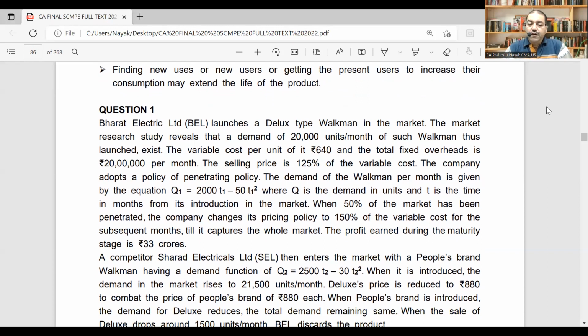The market research study reveals that a demand of 20,000 units per month of such Walkman thus launched existed. So market demand which is there is 20,000 units, total market demand. The variable cost per unit of it is 640 rupees, and the total fixed overheads is 20 lakhs per month.